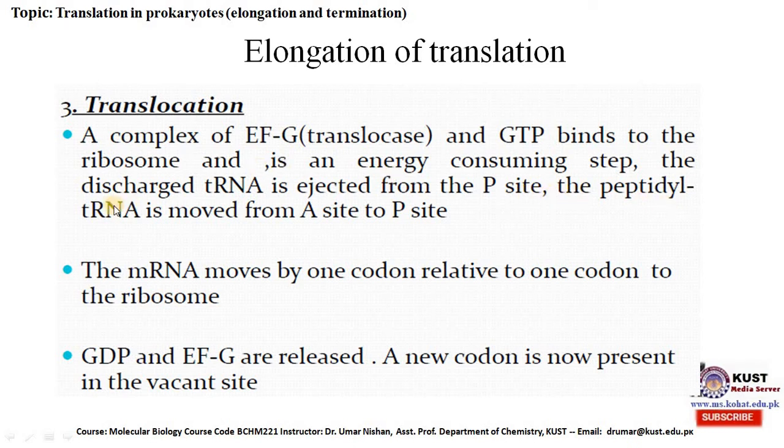The peptidyl transfer RNA is moved from the A site to the P site. The messenger RNA moves by one codon relative to the ribosome. After the hydrolysis of GTP, GDP and EF-G are released. A new codon is now present in the vacant site.